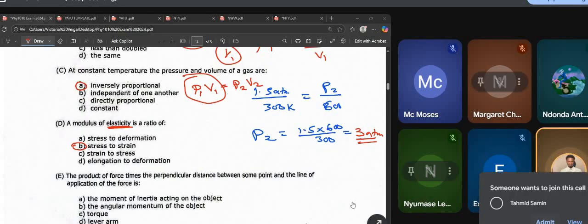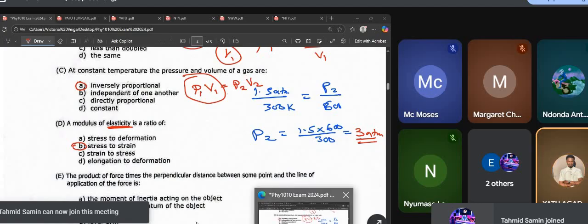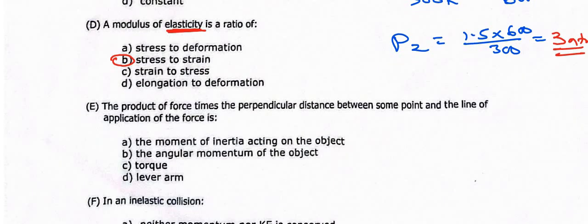Then look at E. E here says the product of force times the perpendicular distance between some point and the line of application of the force is. So we have force, right? Times the perpendicular distance.